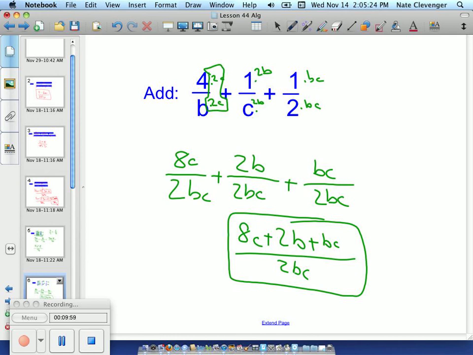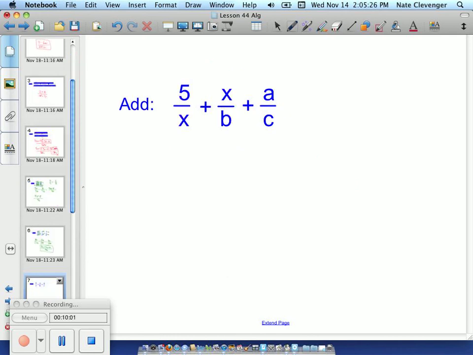Now the denominators are all variables. And so what's the common denominator? X, B, C, X, B, C, X, B, C. What do we need to do to make that one look like the common denominator?